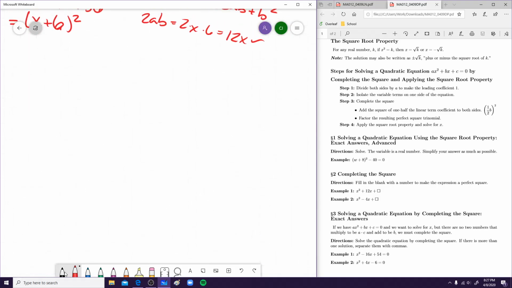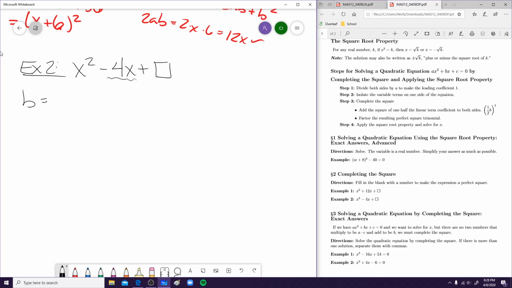We're going to do another example, because I know completing the square can be tricky. So let's go over it again. This time, we want to fill in the blank for x squared minus 4x plus box. What are we going to do? We're going to take the coefficient of this term, so we want to take b.